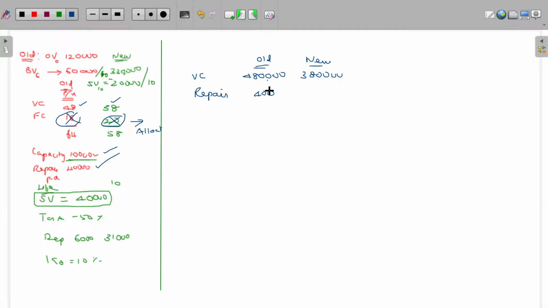Fresh one has no repair cost. You no need to bother about that. Right. Now, what about the depreciation? Depreciation in this case being 6,000, here being 31,000. Then what about the total cost? 5 lakhs 26,000. 2 lakhs 5,500.